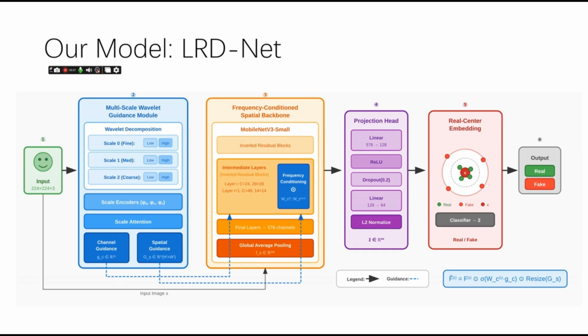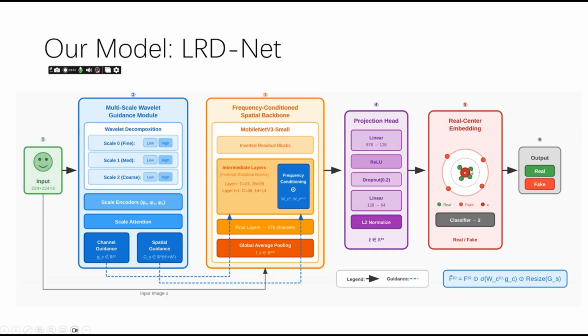Next, we concatenate our features. We analyze the features we extract from the backbone. We have a linear layer, a dropout, and another linear layer, and we generate the final embedding. And for the real center embedding, we have a solution like this image.